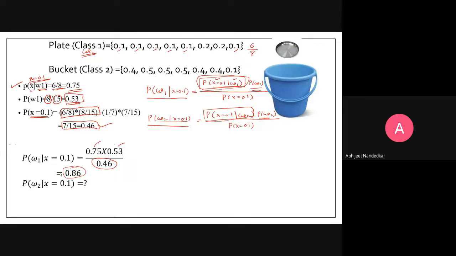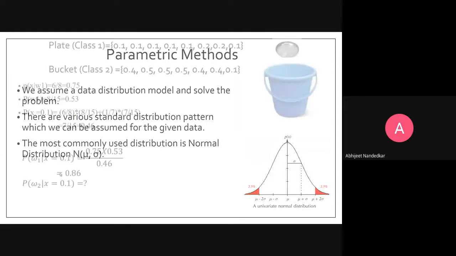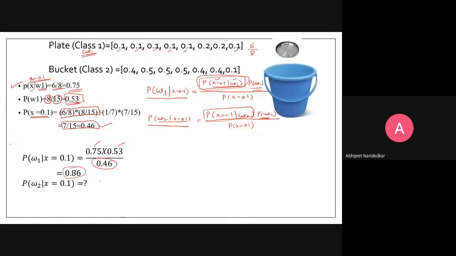Now what is the chance that it belongs to the category bucket? You can do this very easily. Since this is a two class problem, I can just subtract this 0.86 from 1, so this will be 0.14.